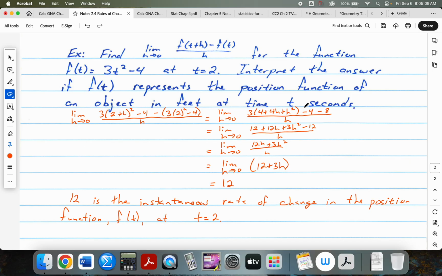And notice it tells us that it's time in t seconds, so let's go ahead and call it 2 seconds.